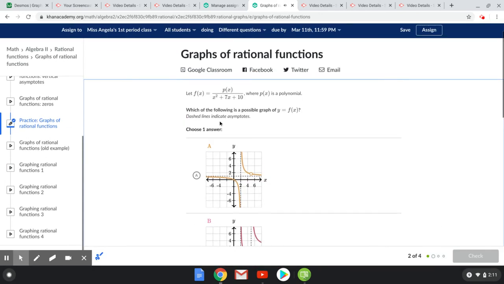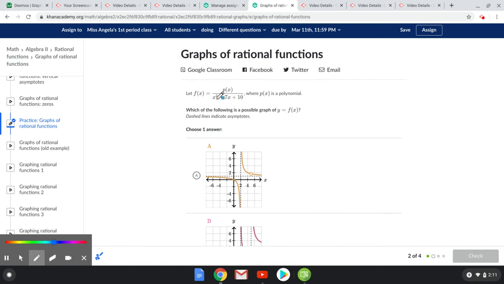And then here, we're only given the denominator. We're not given the numerator, only the denominator. So what we can find out from the denominator, right, is our points of discontinuity. So it could be a vertical asymptote, or it could be a hole.